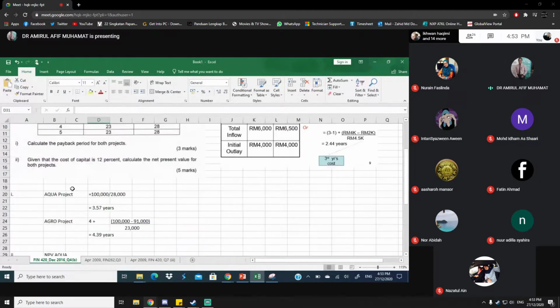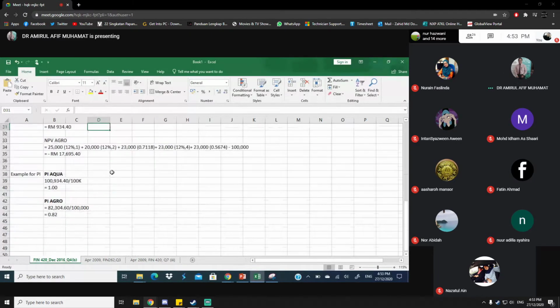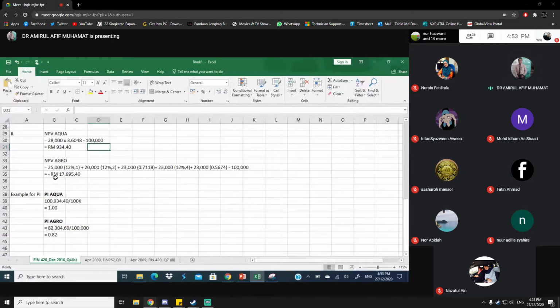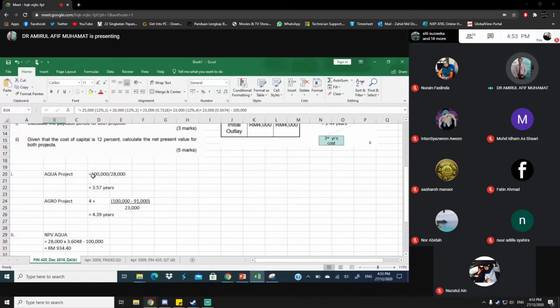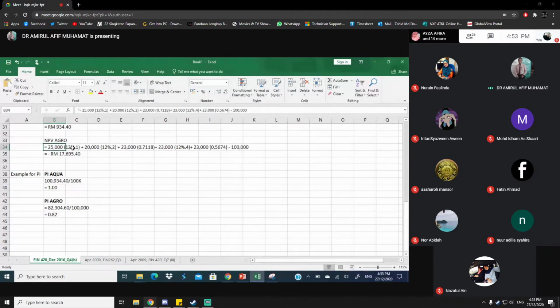For NPV Agro project, this is uneven, so you need to add up each one by one. So NPV: 25,000, income for the first year 25,000, plus 12% first year. You look for the factor. But a different table, it's not the annuity table.